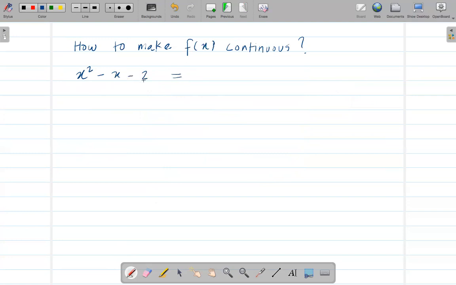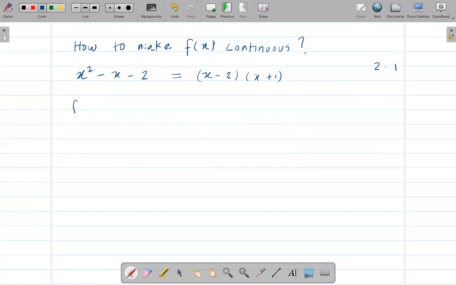There is a 2 here, so 2 times 1, that's 2. And it looks like I can only use 2 and 2. Since there is negative x, I can say negative 2 and x plus 1, right? So that's what we get from the numerator.